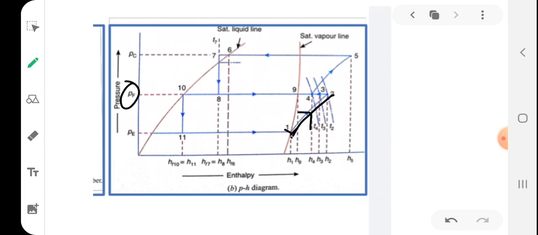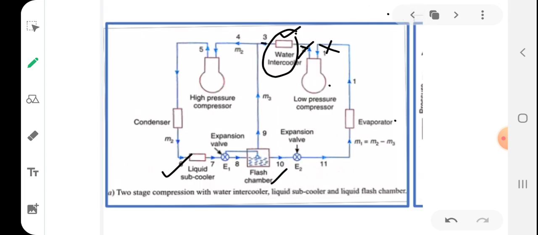From 2 to 3, it is cooled to a lower temperature T3, but the same constant pressure PF, the flash chamber pressure. From 3 to 4, what is happening?